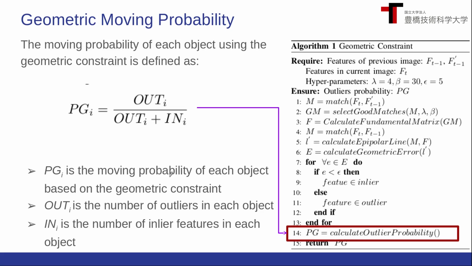PGi is the moving probability of each object based on the geometric check. Outi is the number of outliers in each object using the geometry check, and Ini is the number of inliers of features in the object using the geometry check.